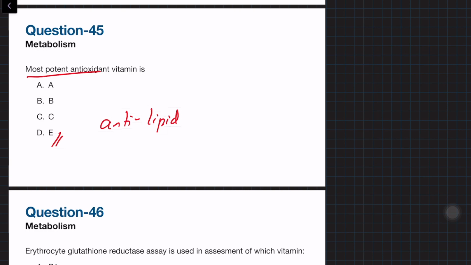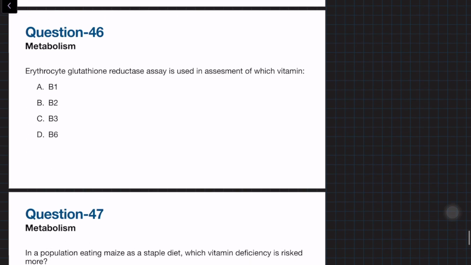So therefore it is being used a lot these days, vitamin E. Erythrocyte glutathione reductase assay. It is a 1 mark, one liner. If you had known, you would have marked it B2. I don't think they would apply this clinically, but still I thought it is important to know, or at least you should understand that no matter how well you study vitamins, there will be one or two questions you may not know.